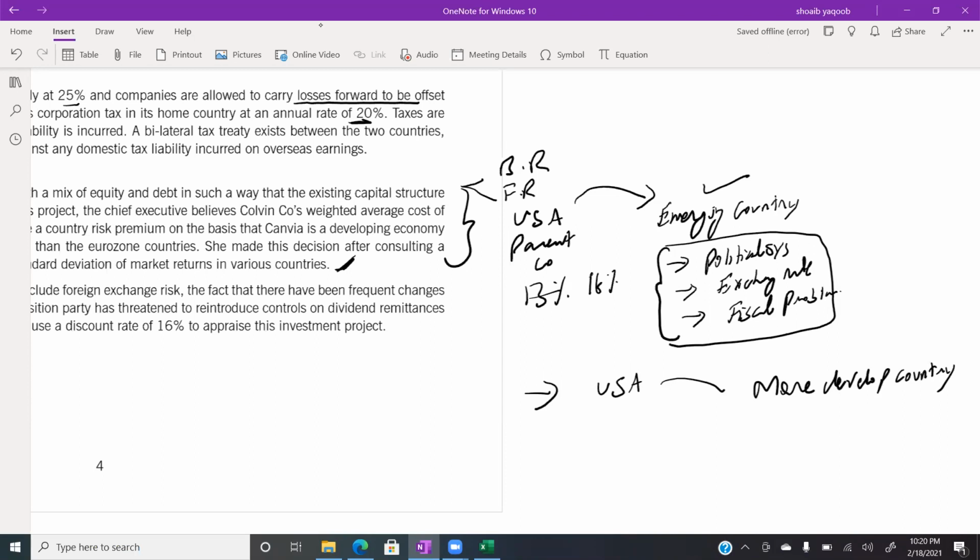Obviously, if this company is a multinational company, it must have invested in a more developed country. So that means this company will be facing lower risk.